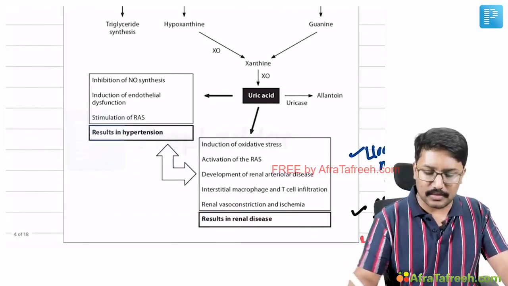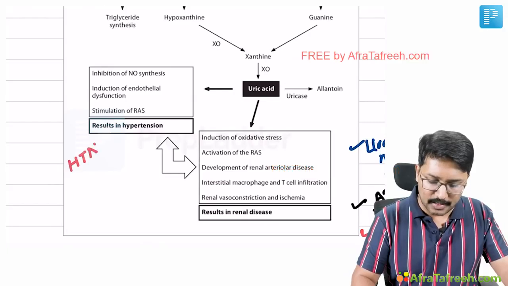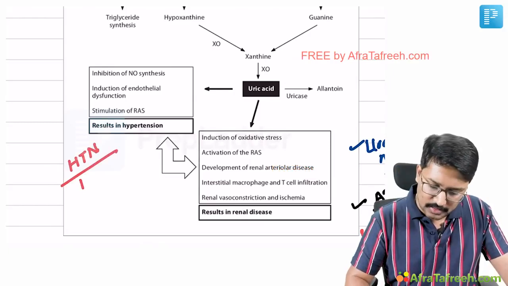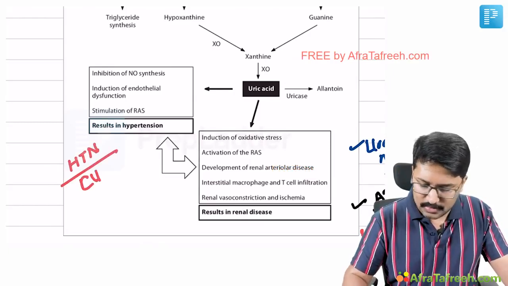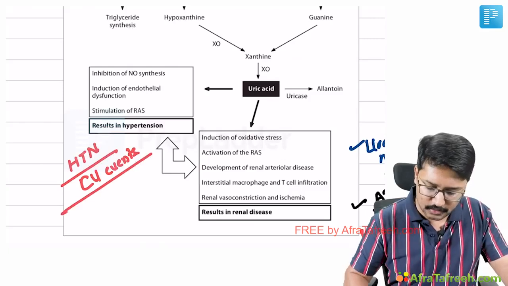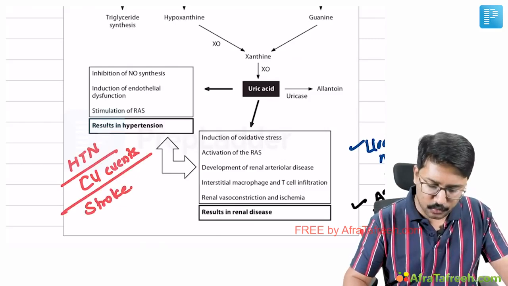Second thing, today we all recognize hyperuricemia as an important risk factor for patients to develop hypertension, and thus it is also a risk factor for CV events, or what we call STEMI and NSTEMI. It is increasing the risk of coronary vascular events. It is also increasing the risk of stroke. Okay, all these are proven things.